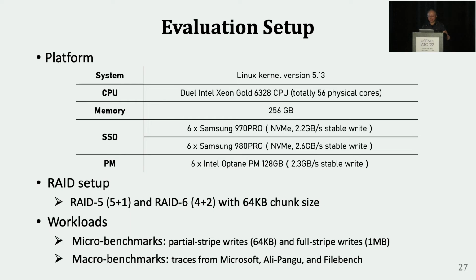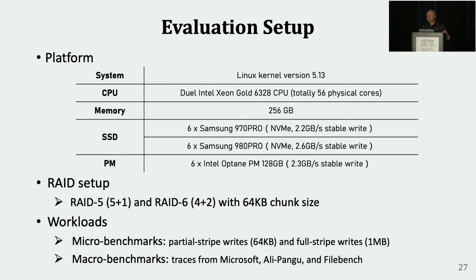To find out how it does in dealing with traces, we run extensive experiments on the server and 3 types of storage devices with their details described in the table. Essentially, the latest high-end SSD, and also the persistent memory, Optane, trying to see how much StRAID can gain with faster devices.